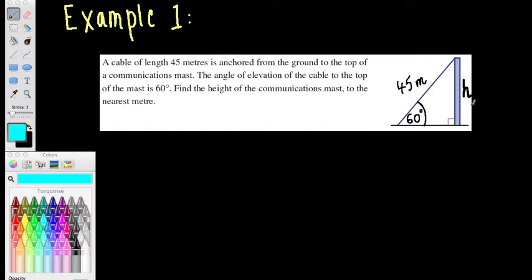Hopefully you've had a go at trying this, but the first step, you should always be labeling your triangle. Opposite this reference angle here, I have the opposite side. Opposite the right angle, I have the hypotenuse side. I've got O and H, that's the sine ratio.